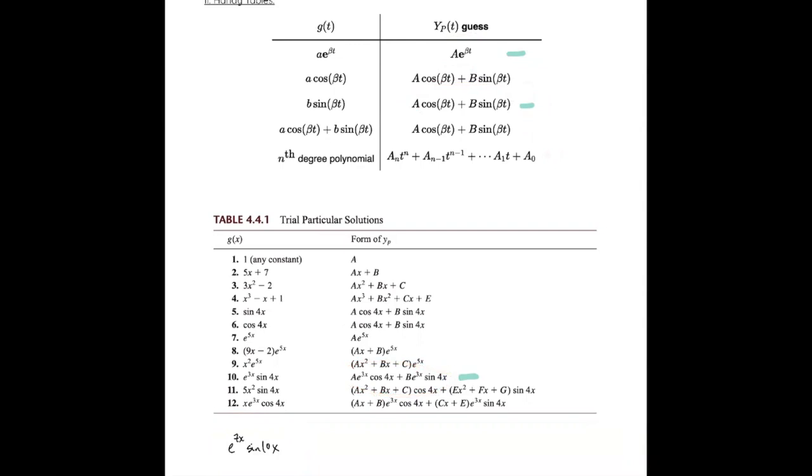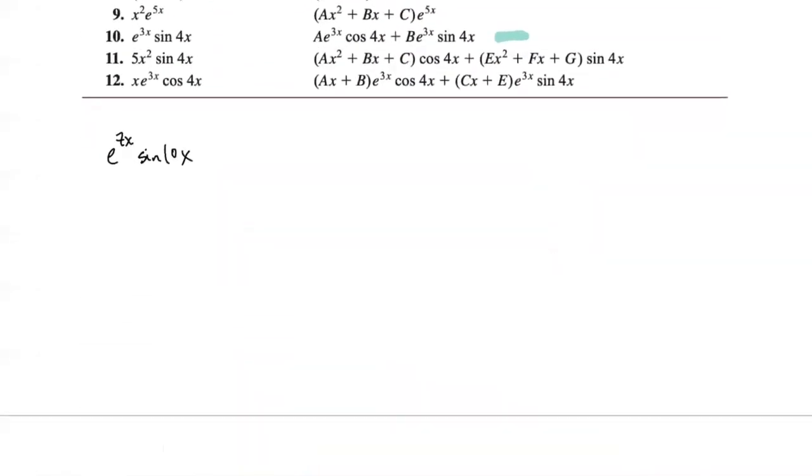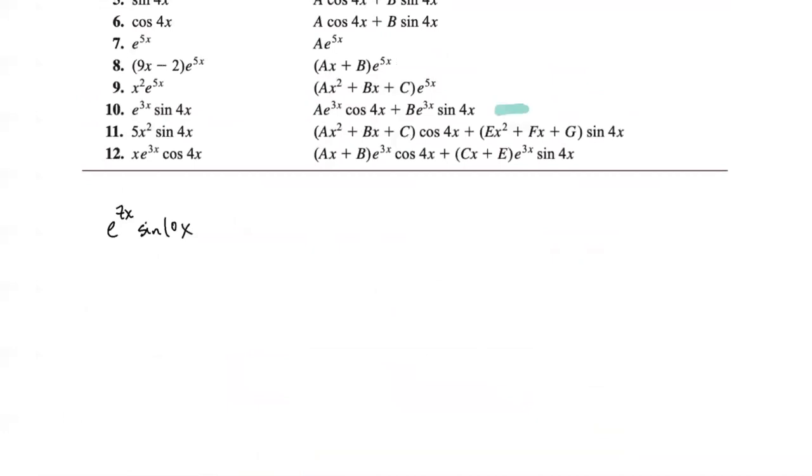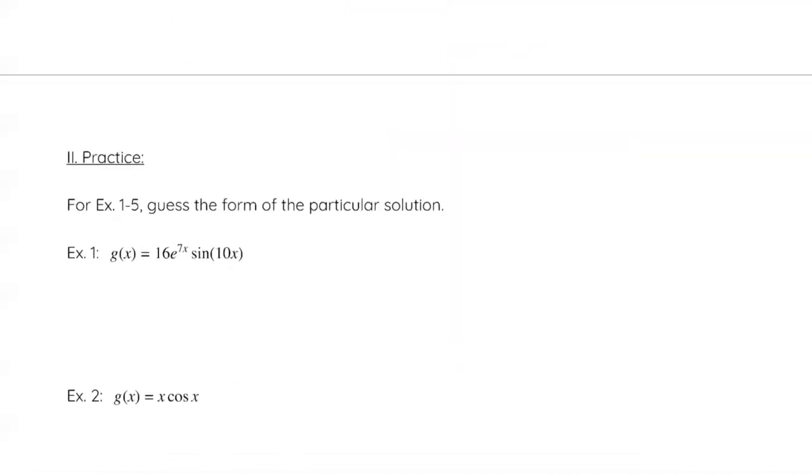Okay. And so if we go back down here, maybe I can grab this. This is the form that we are looking to match. And so if we think about what our y sub p might be, we would leave the a and b as they are.